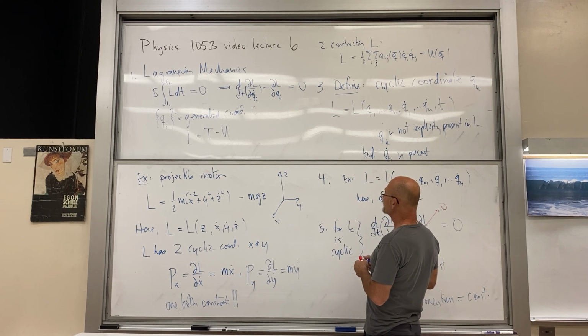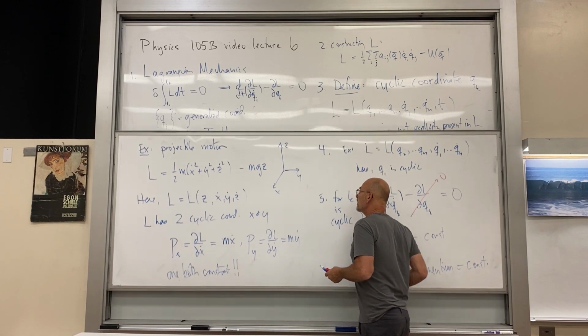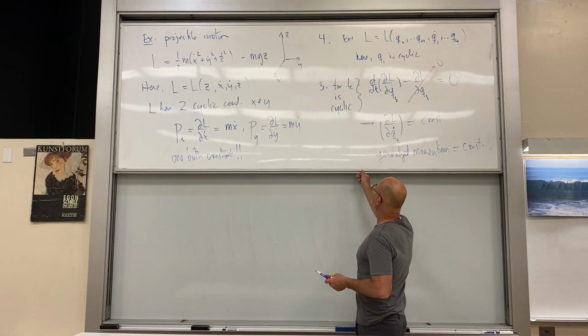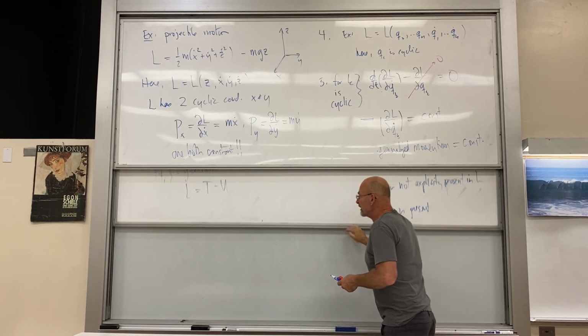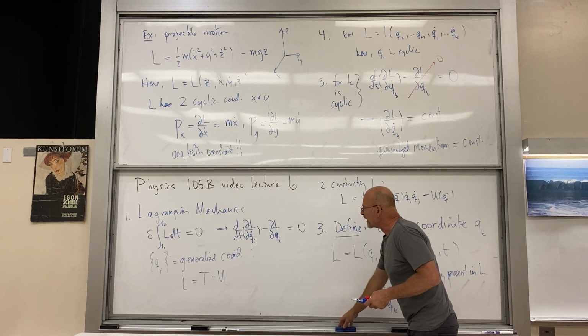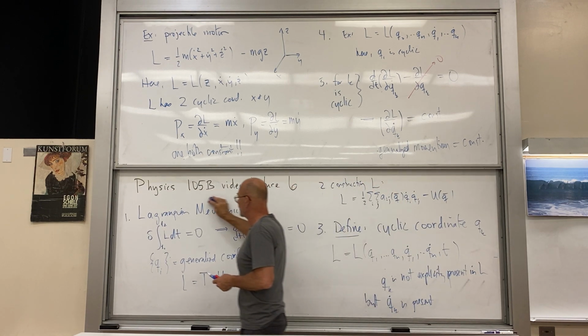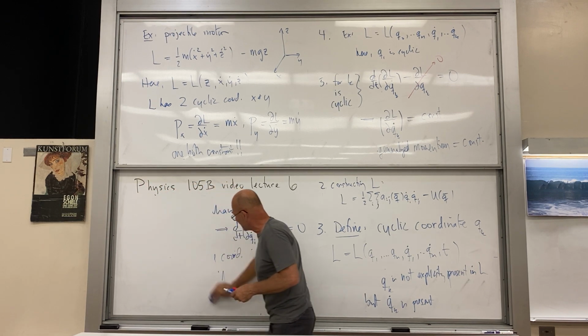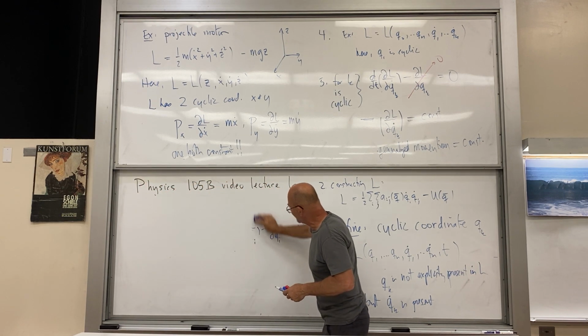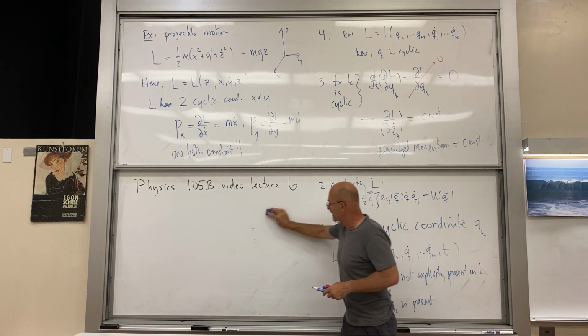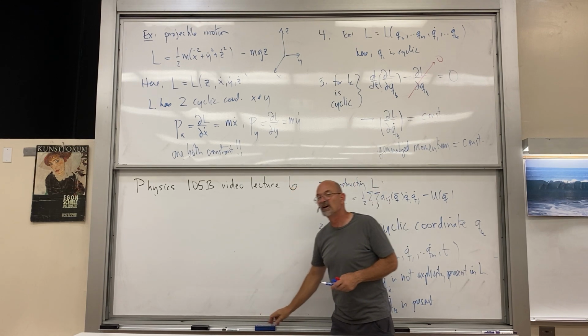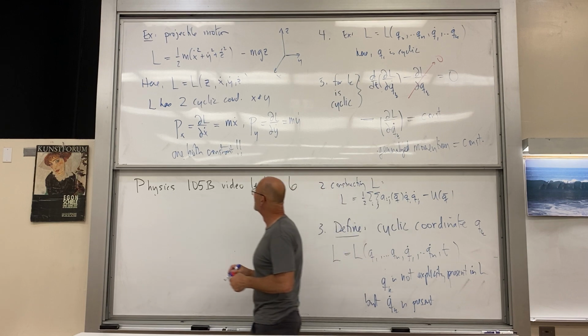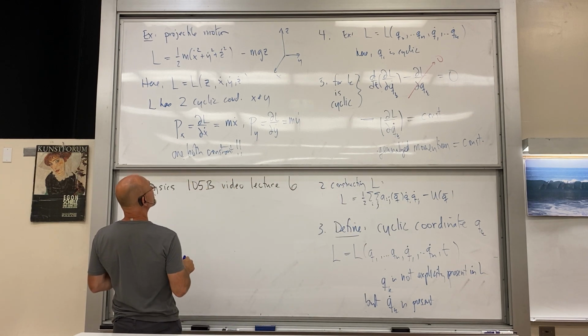So we'll write that down as a theorem or a statement. Namely, if you have cyclic coordinates, you immediately have those corresponding conserved momenta. So we're numbering, aren't we still numbering 5?